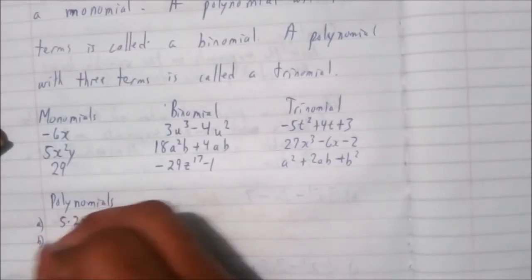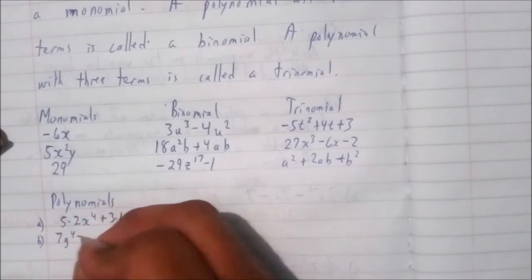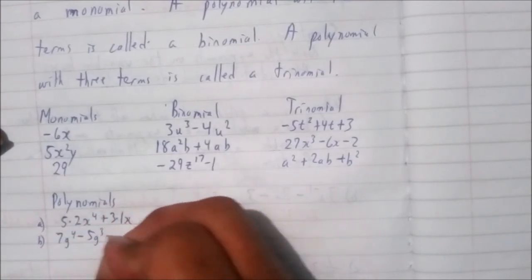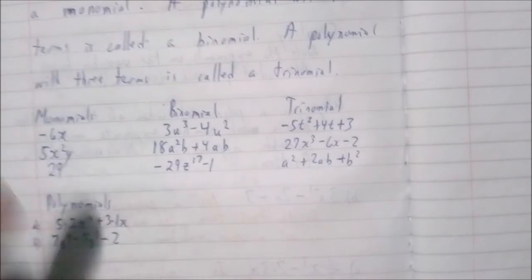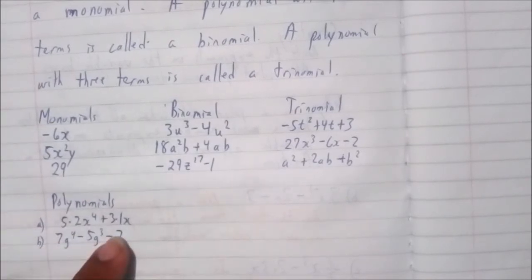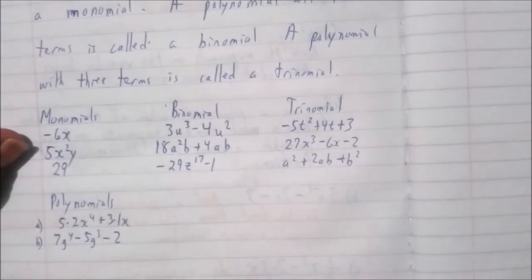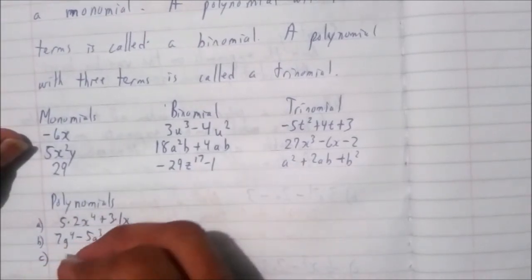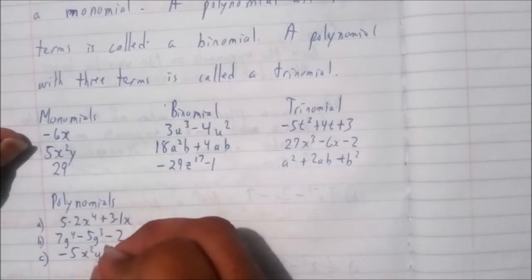Okay. Next one, B. 7g to the 4 minus 5g cubed minus 2. Binomial, trinomial, or monomial? Well, it has 3 terms, 1, 2, 3. So it must be a trinomial. Now, the next polynomial is negative 5x squared y cubed.